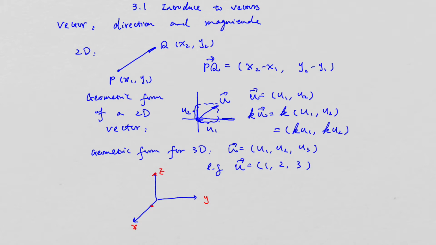Then your u2 is 2, so you go 2 units, and then you go 3 units in the z direction. Then you draw a line going through the origin. So that's your u, u equal to 1, 2, 3. That's how you do the geometric form of a 3D vector.